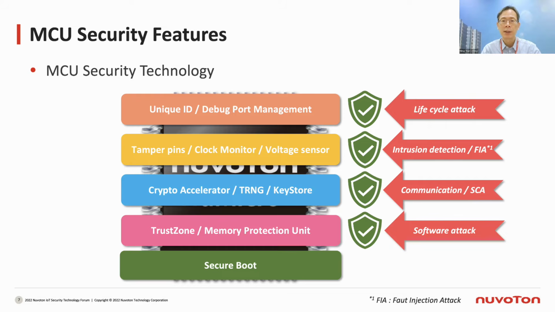Tamper pins and tamper sensors can be used to detect enclosure intrusion and defend against fault injection attacks. Unique identifier and debug port management can be used in MCU product lifecycle management. In the next sessions, I will introduce the design and function of several important security features in the MCU.